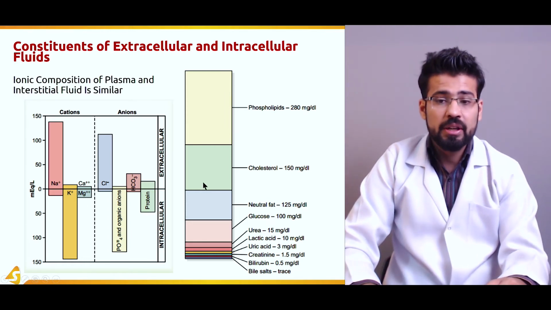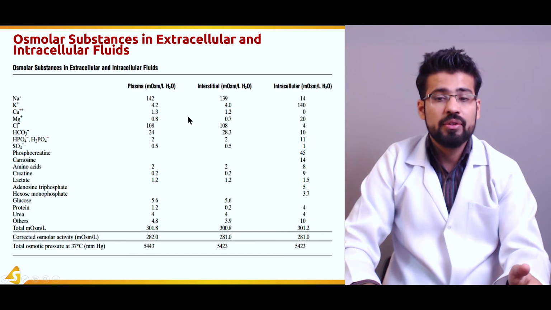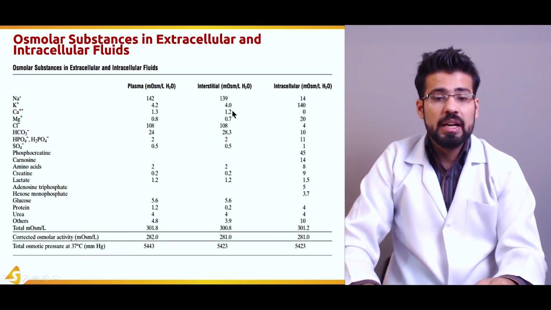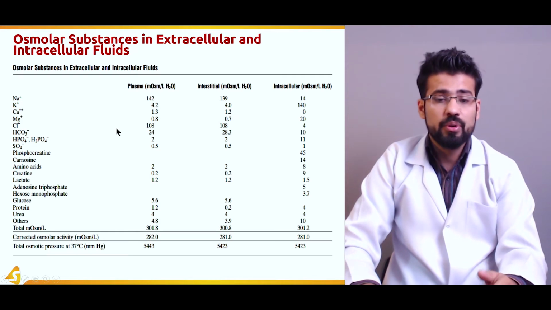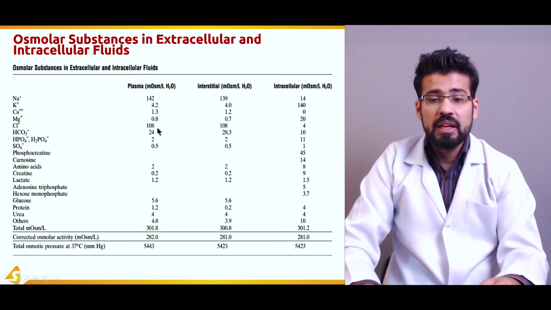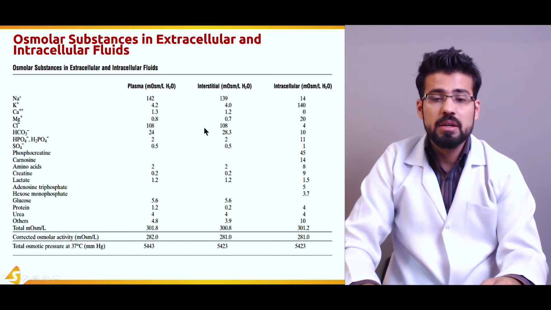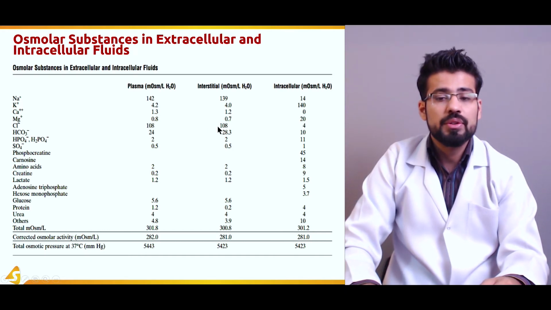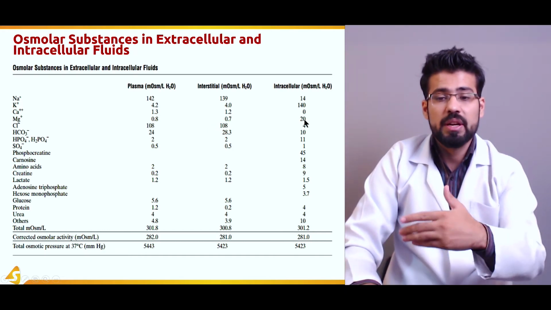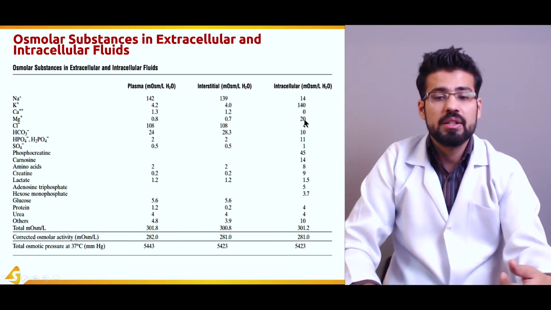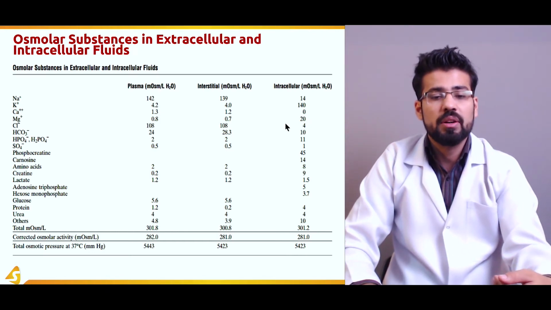The potassium, on the contrary, is much more in the intracellular as compared to the interstitial fluid. This is followed by calcium and magnesium. The calcium is present abundantly in the interstitial as compared to intracellular, and the magnesium is present much more in the intracellular as compared to the interstitial, as shown in this particular figure.